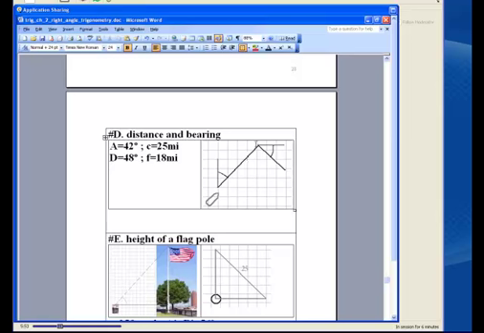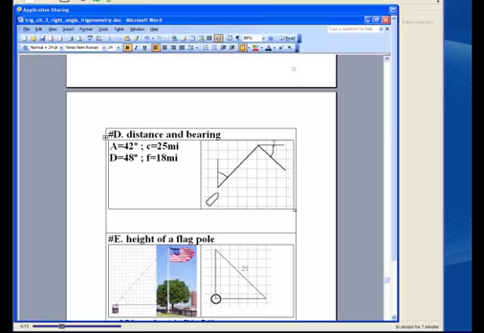The captain then turns the boat 90 degrees and travels another 18 miles in the direction 48 degrees east of south. So that's this one here.